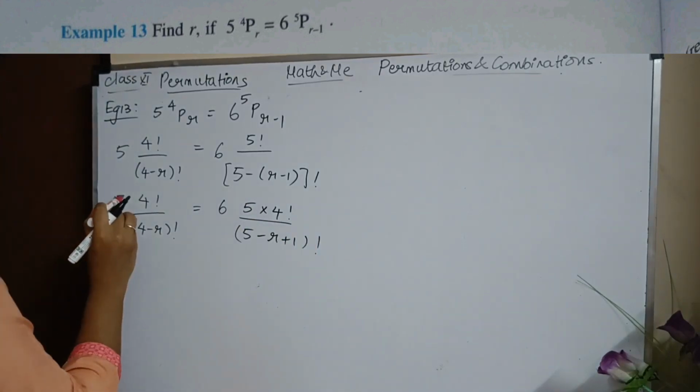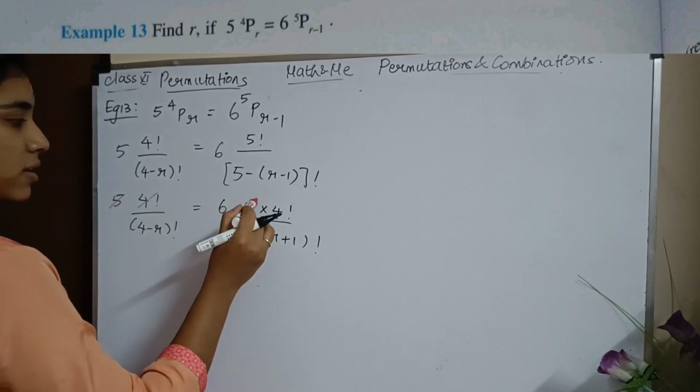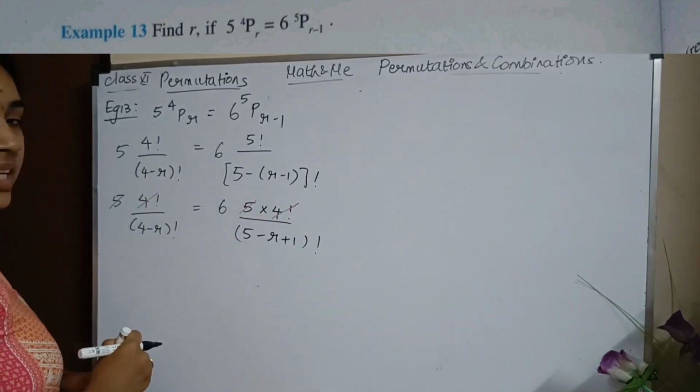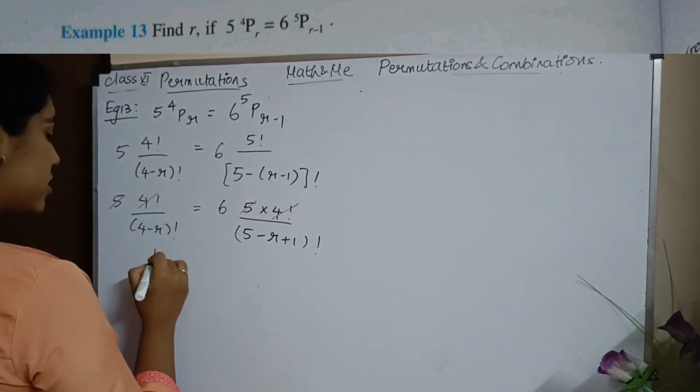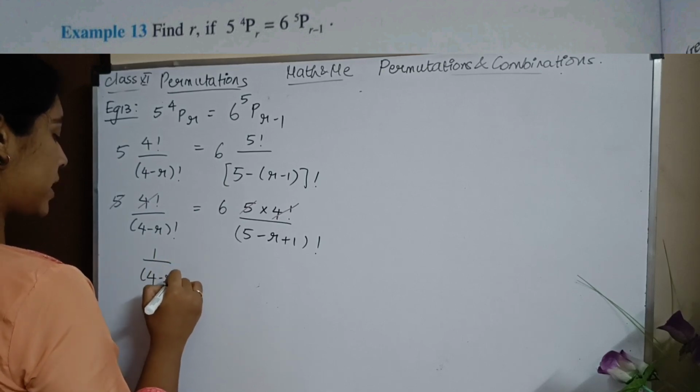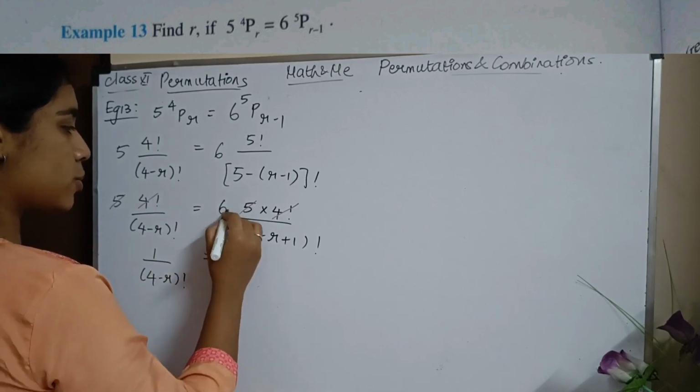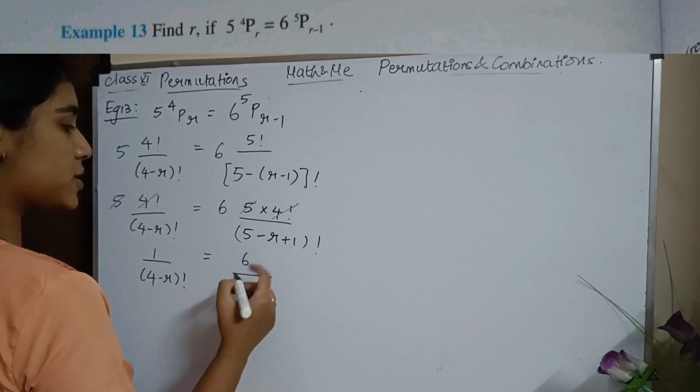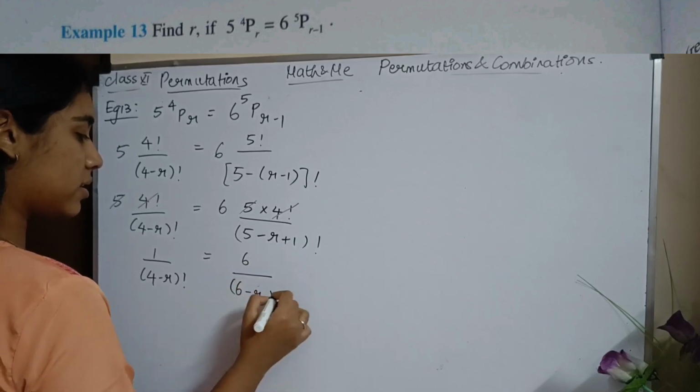Here I have 5 into 4 factorial and 5 into 4 factorial, they get cancelled. So what do I have here: 1 divided by 4 minus r the whole factorial equals numerator 6 divided by 5 plus 1, 6 minus r the whole factorial.